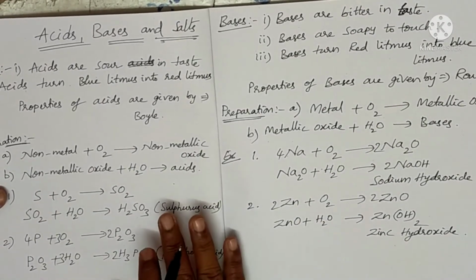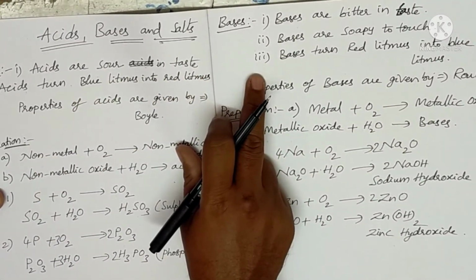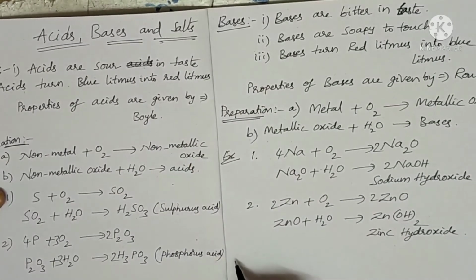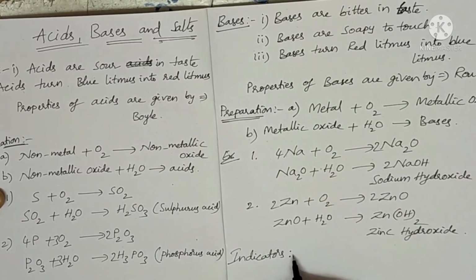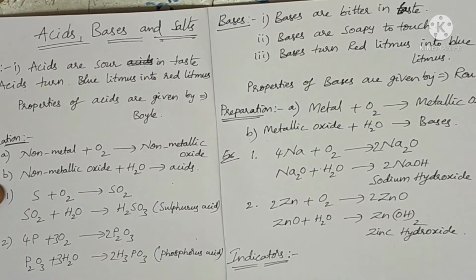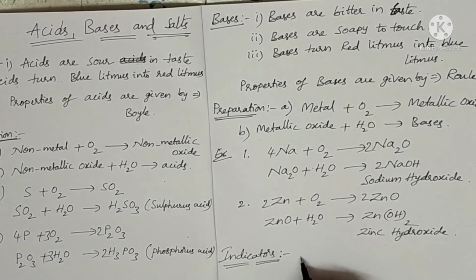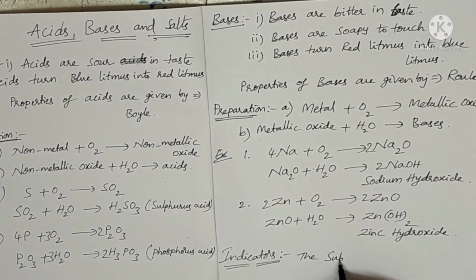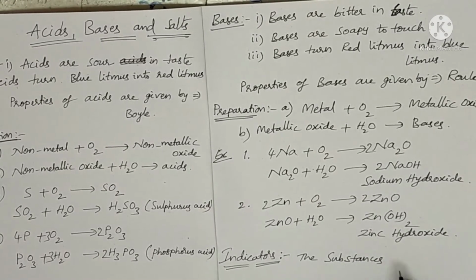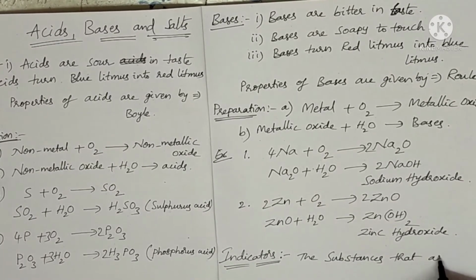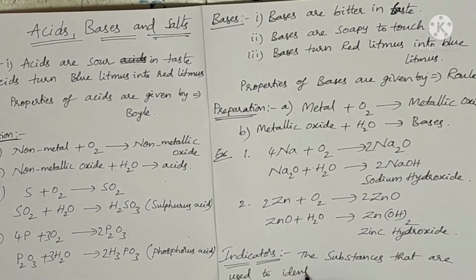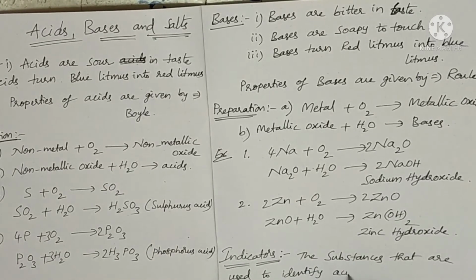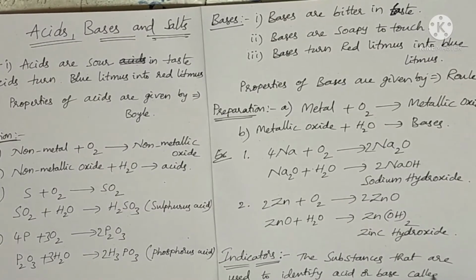Here, to identify acids or bases, we use some substances. Those substances are called indicators. So the next topic is indicators. What are indicators? Indicators are substances used to identify acid or base.